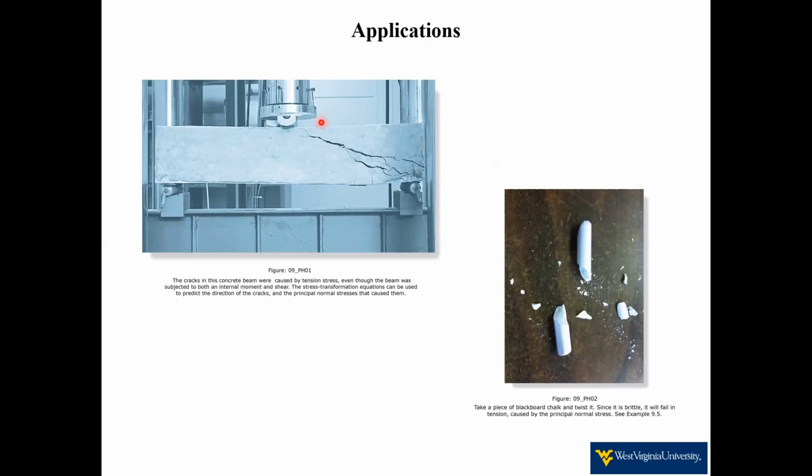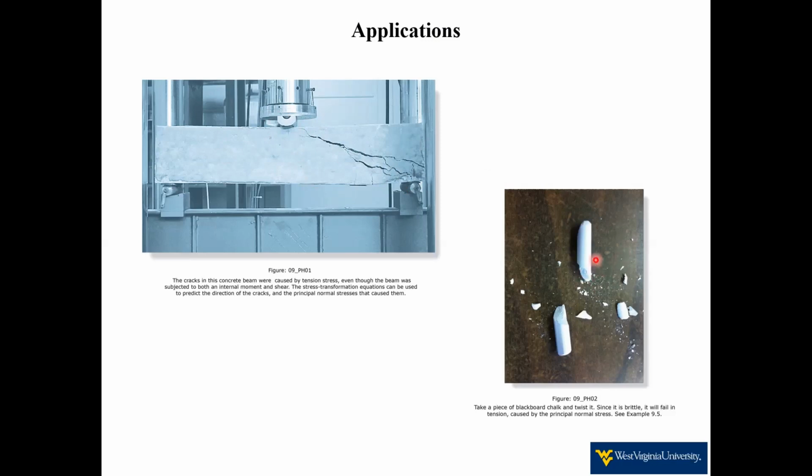So I mentioned before that this concrete is a brittle material, and brittle materials tend to fail in tension. So the bending that was caused by this experimental setup caused tensile normal stresses to develop at this angle, and that's where it failed first. Similarly, this chalk is also another well-known brittle material.